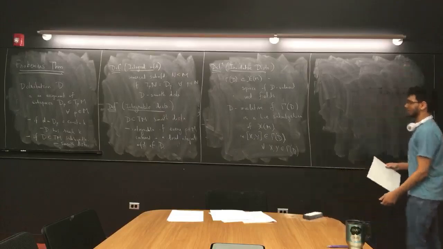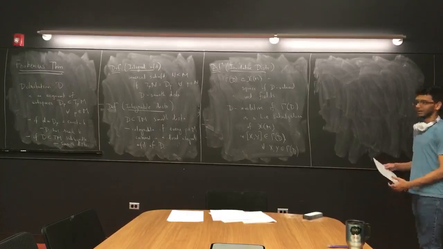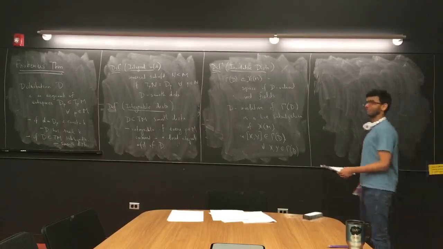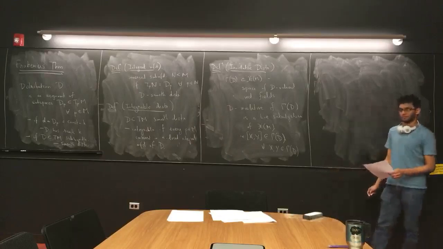Yeah, so you take two fields and take their commutator and you still stay in Γ(D). Involution means for some bracket equals... Oh, okay. I'm thinking of a linear algebra operator, something that squares to itself. Okay.